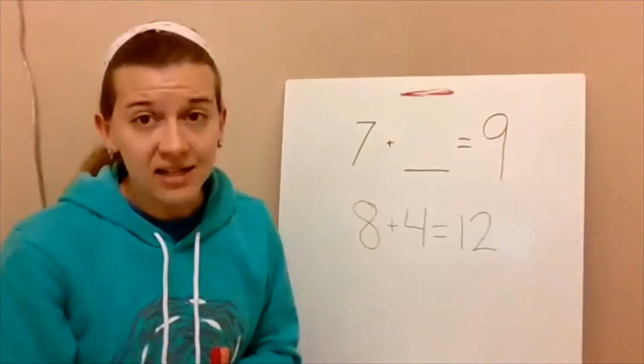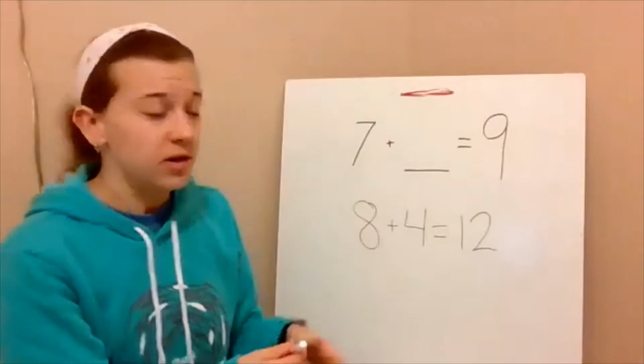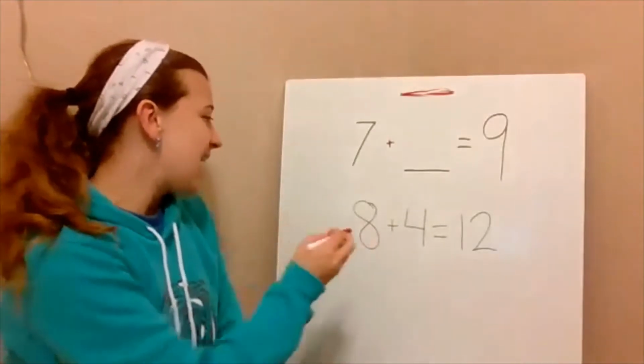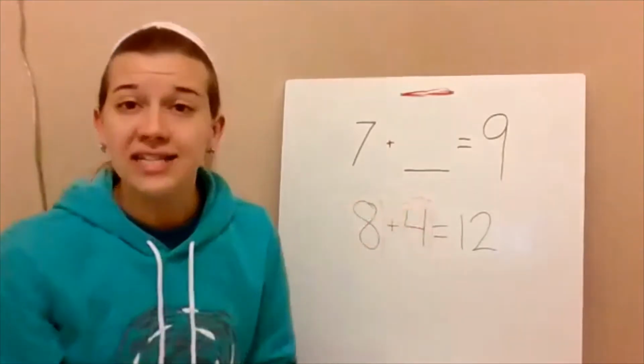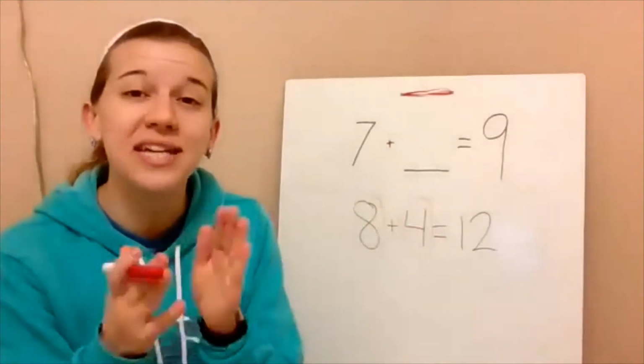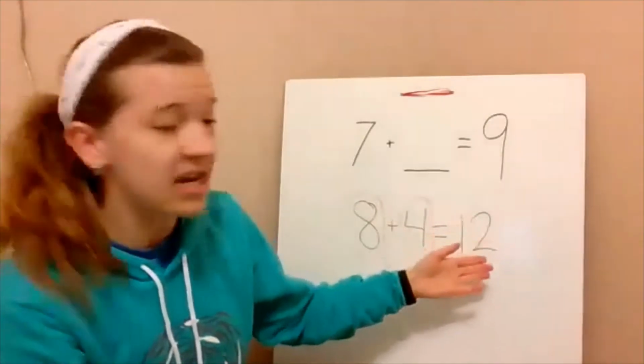So an addend is one of the numbers that's being added to another number. So if you look here, 8 and 4, 8 is an addend, 4 is an addend. They are being put together to make the sum, whatever it equals.